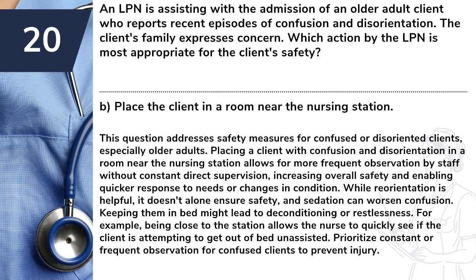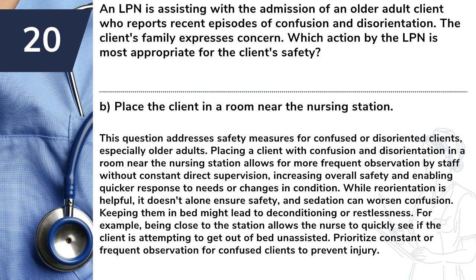Answer: B. Place the client in a room near the nursing station. This question addresses safety measures for confused or disoriented clients, especially older adults. Placing a client with confusion and disorientation in a room near the nursing station allows for more frequent observation by staff without constant direct supervision, increasing overall safety and enabling quicker response to needs or changes in condition.